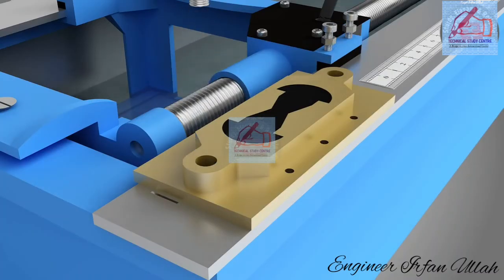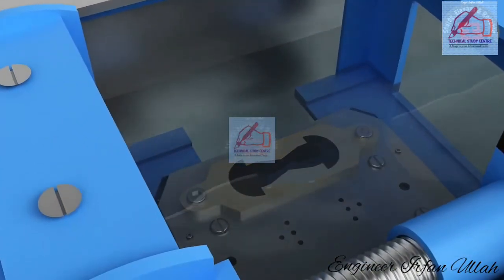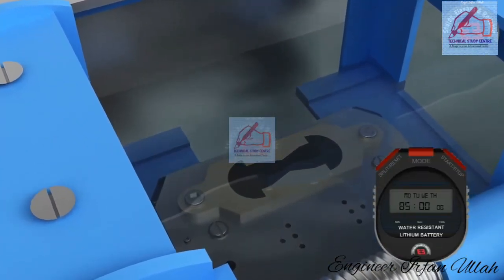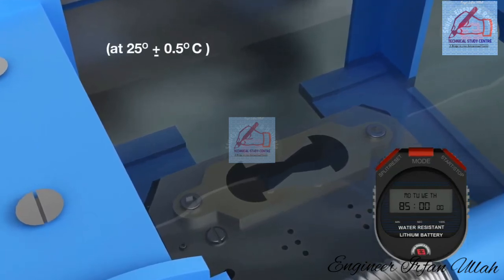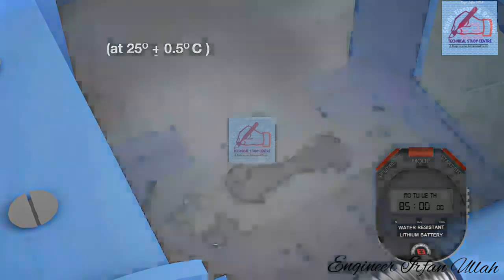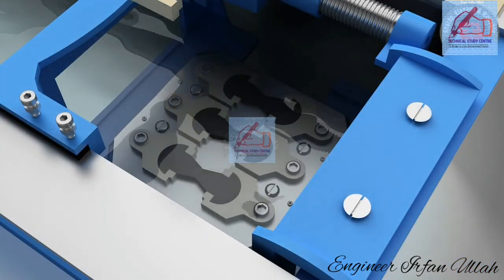After trimming the bitumen sample, it is placed in the ductility machine for 85 to 95 minutes at 25 degrees Celsius plus or minus 0.5 degrees Celsius. The side pieces of the molds are now removed.